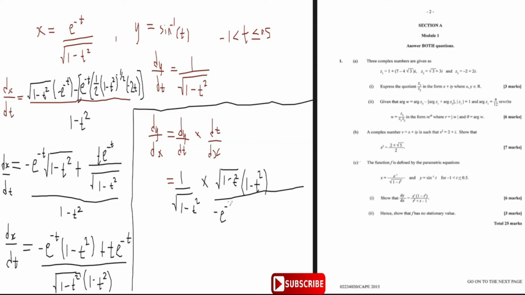Now look what I'm going to do, guys, just to make it easier. I am going to factor out, all right, let me do that in the next line. Minus e to the minus t times 1 minus t squared plus t times e to the minus t.